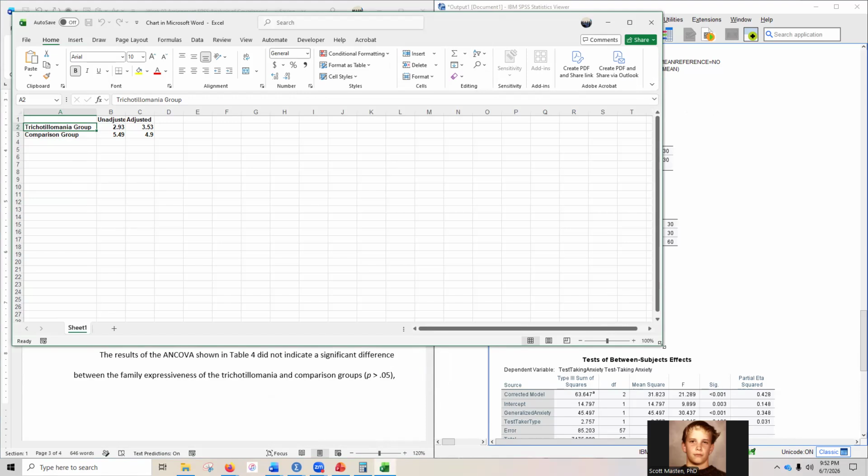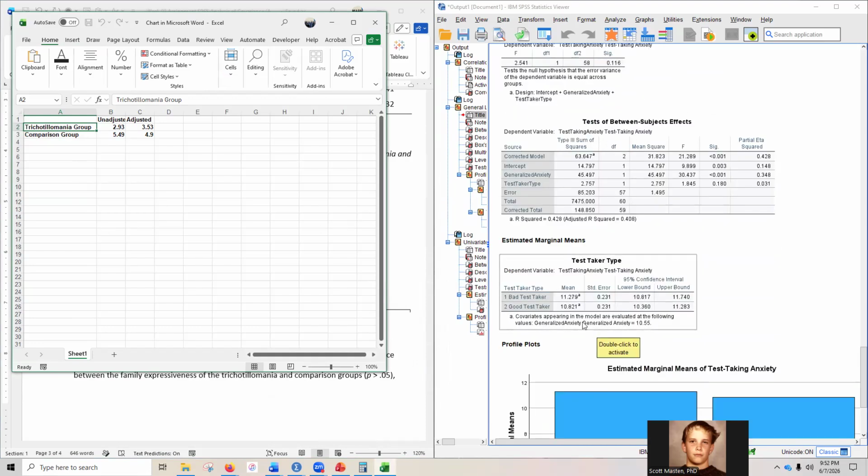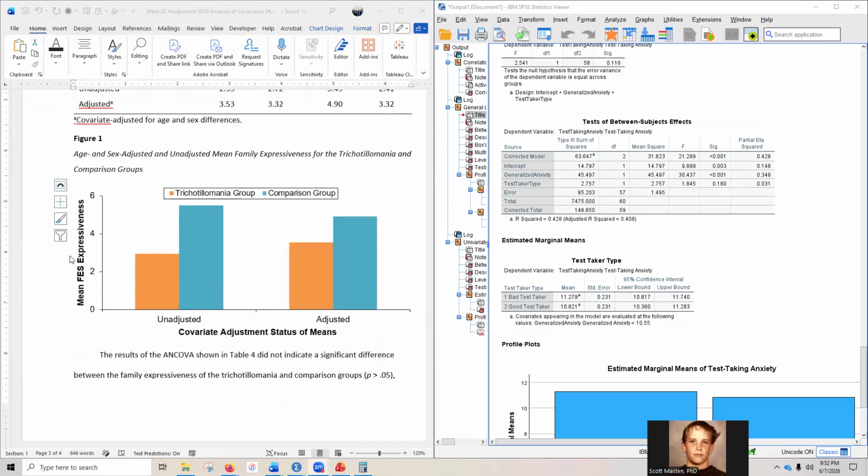So this is basically the numbers that are in the plot. If we change these groups to bad test takers, good test takers, and put their unadjusted means, these guys right here, 11.6 and 10.50. And then we put their adjusted means in there, 11.28 and 10.82. And we close this, it will update the plot with the new numbers.